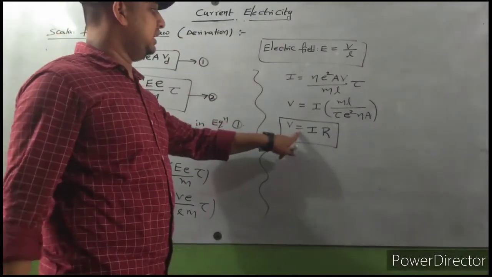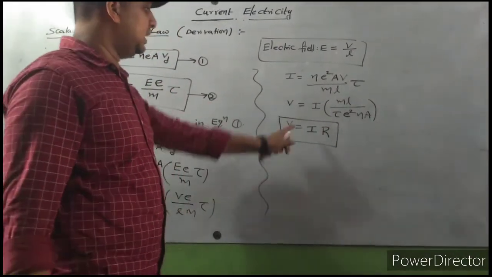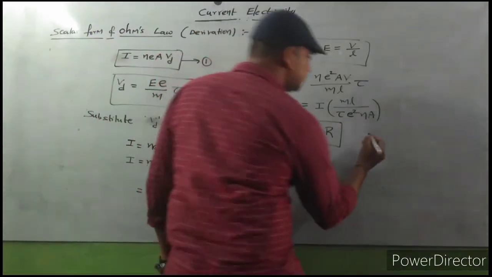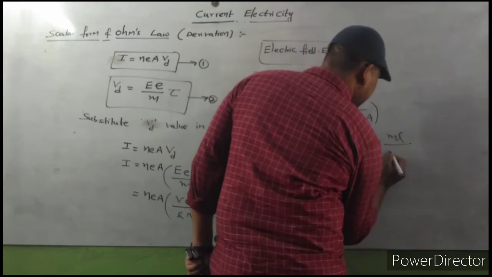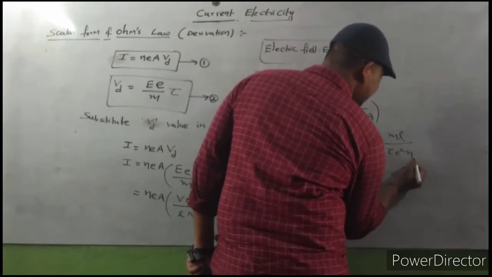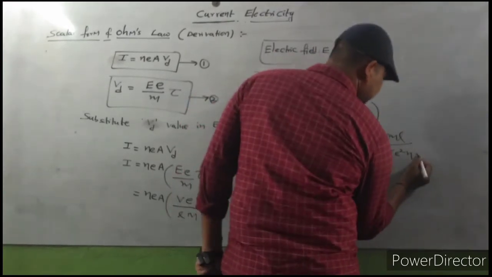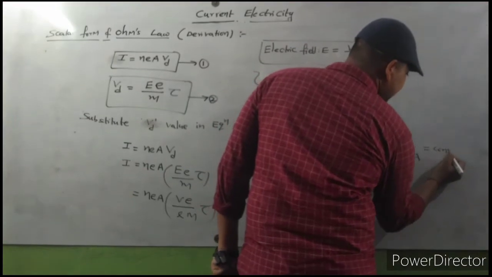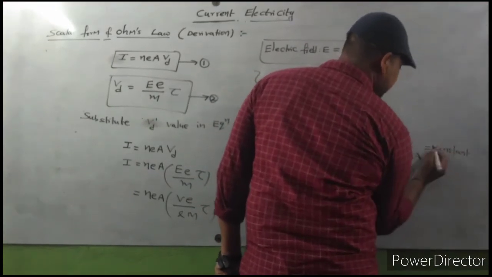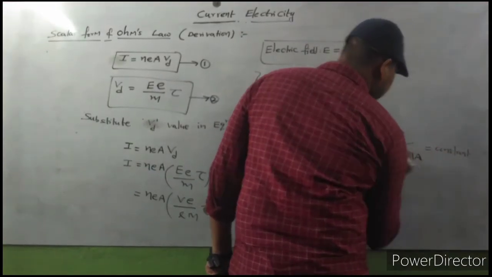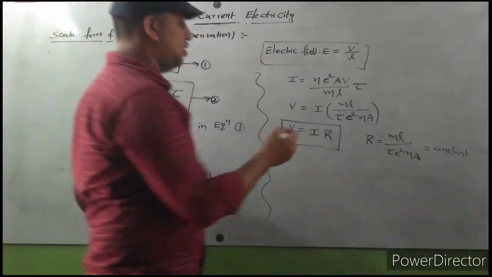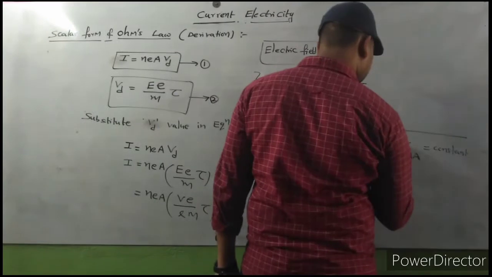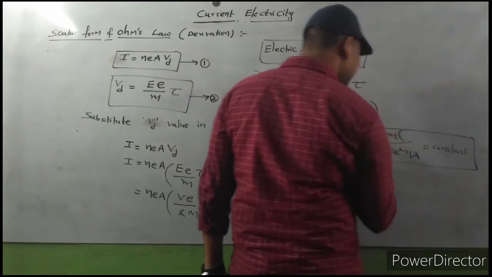So this is V is equal to IR, because here R is nothing but m L by tau e square N A, which is a constant. Very, very important.